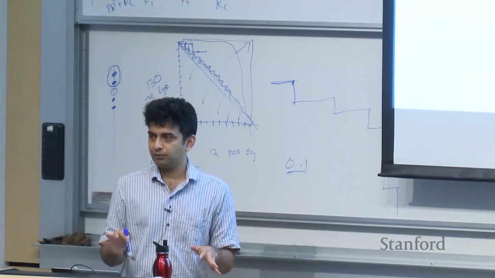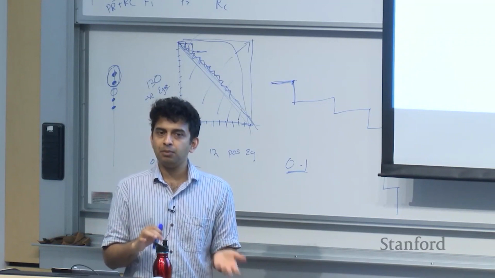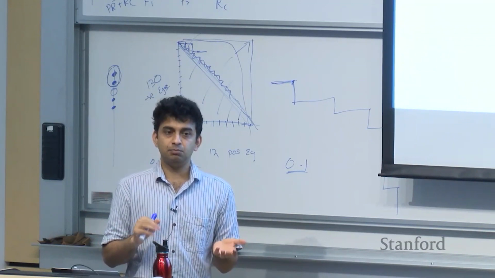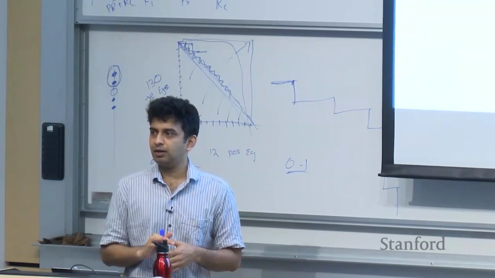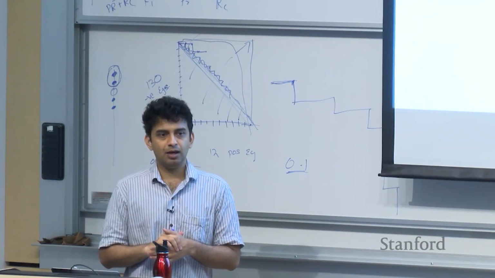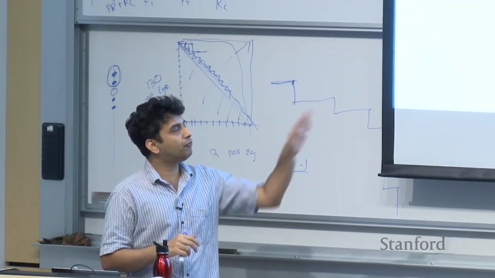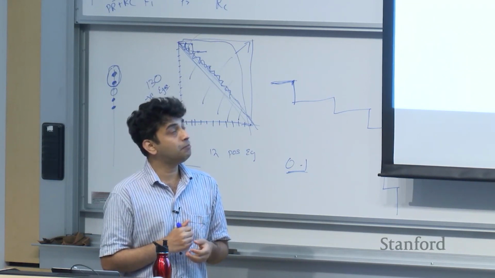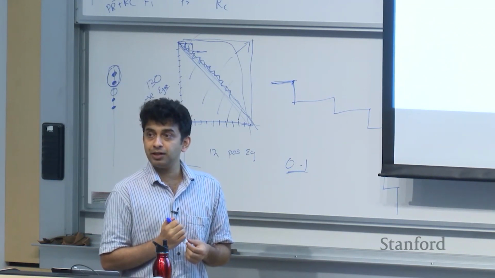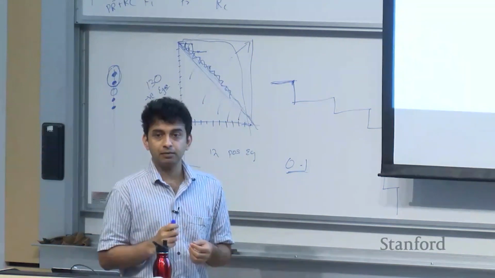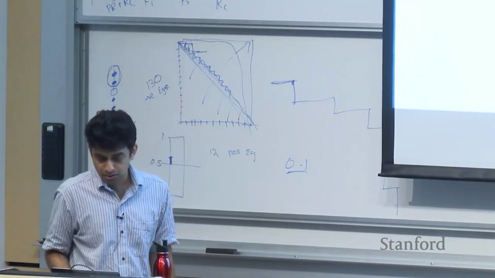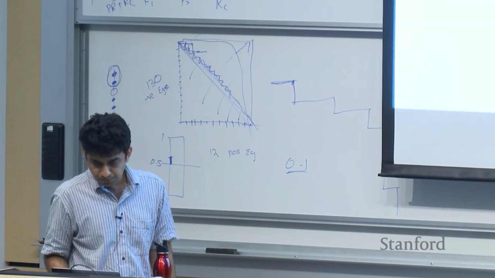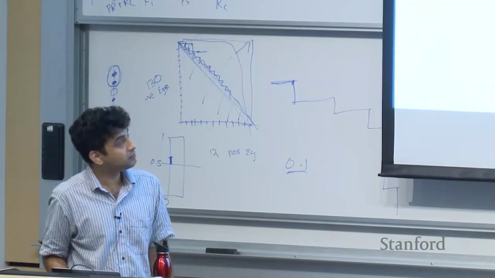So that's the good part of it. But the bad part is that the ROC curve is probably measuring the wrong thing. If what it reports is agnostic to the prevalence, then maybe what ROC is measuring is not the right metric. And we'll see some of that soon. All right, so that's ROC curves.